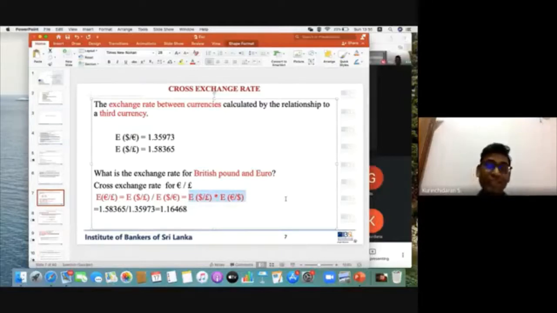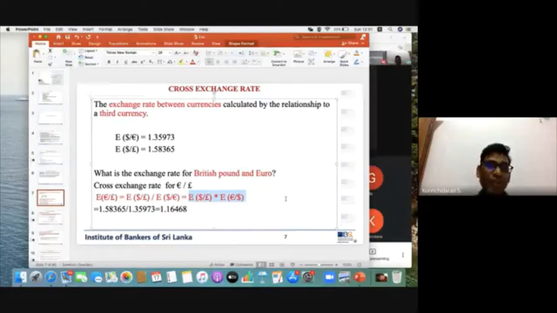As I said earlier, you also can calculate or reconfirm this using the current exchange rate in the market. So normally the euro values are, if you compare, sterling pound is higher and euro is less. If you give 1 sterling pound, then you have to get more than 1 euro.